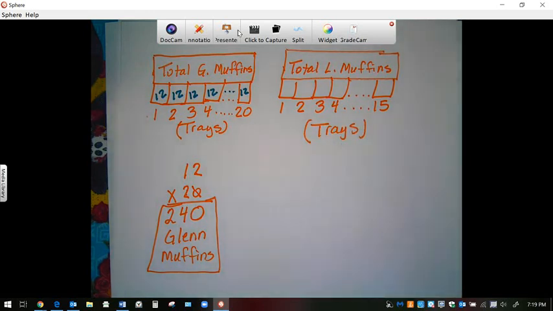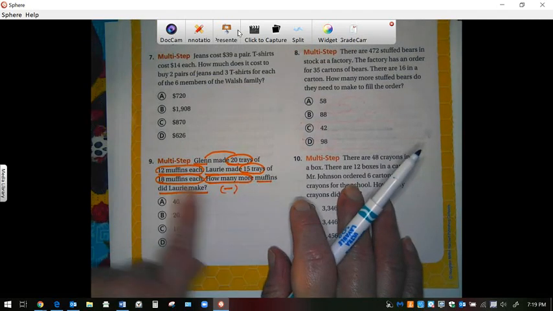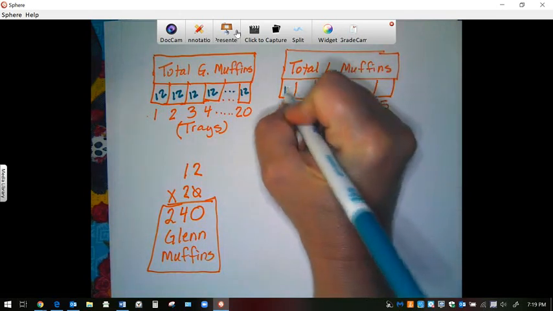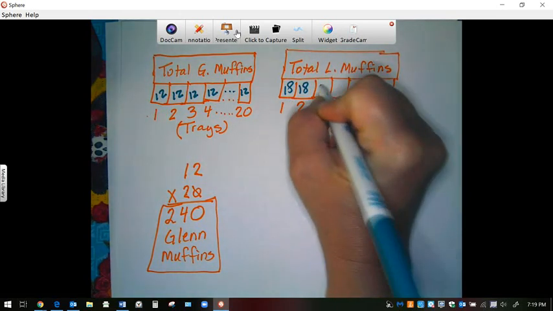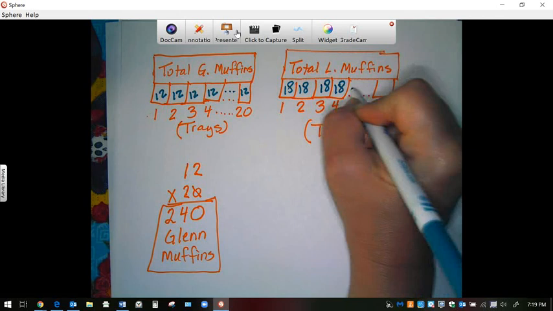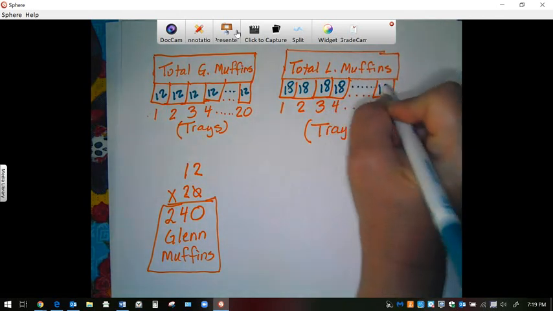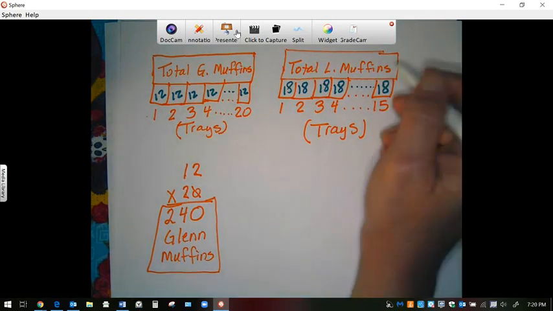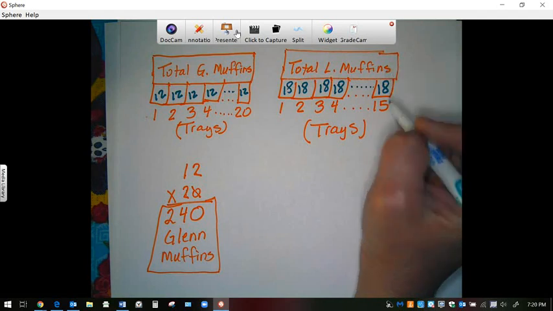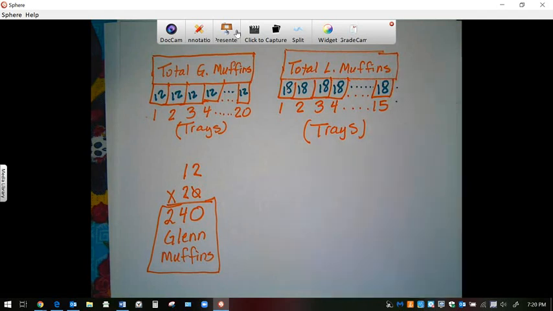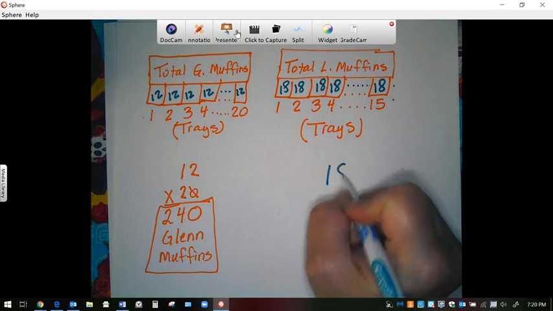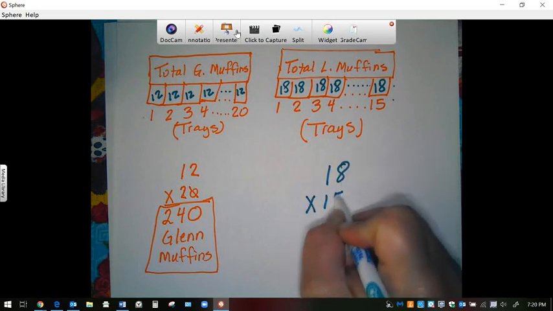And we saw that inside each tray, she made 18 muffins. 18, 18, 18, 18, 15 times, because that's how many trays she had. So, to find the big box, the big strip, we already have two of our small numbers, so we're going to multiply them, because you have 18 15 times.